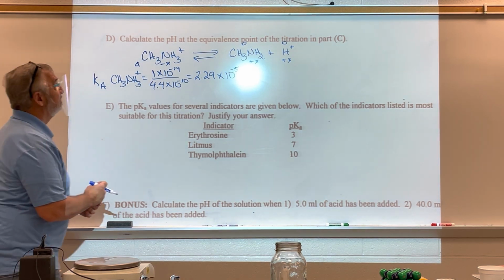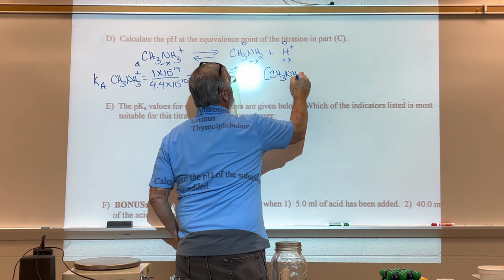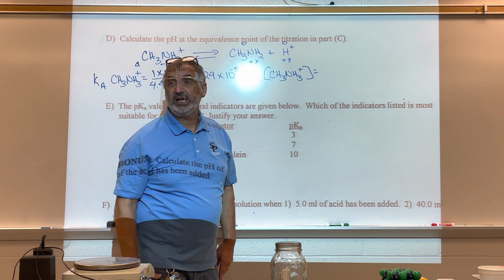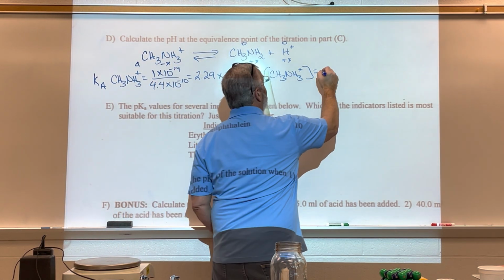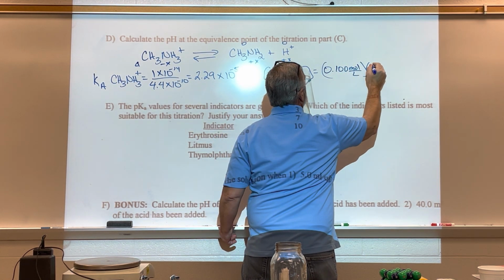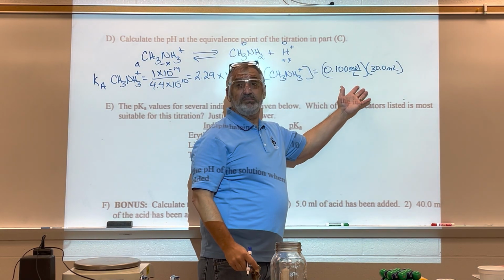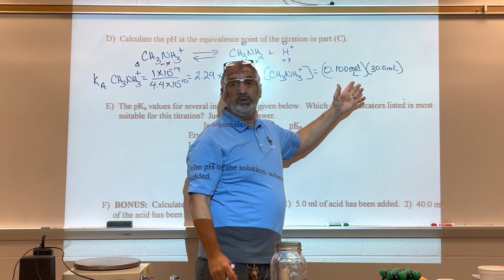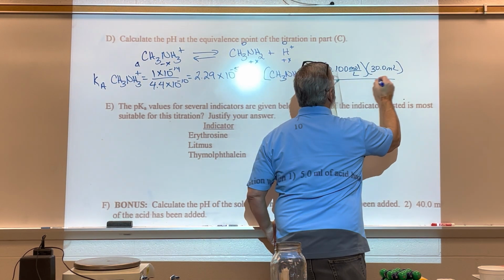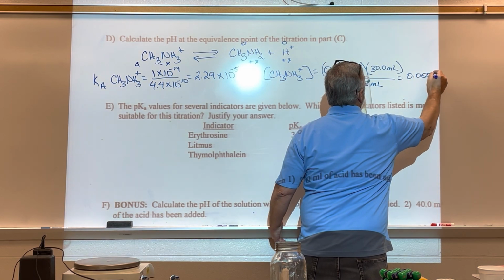So the concentration of the CH3NH3 plus is equal to the initial concentration of the methylamine, which is how much? 0.1. How many milliliters did we have? 30. And we can keep it at 30 milliliters because we're going to end up dividing by milliliters as well. Now, at the equivalence point, how many milliliters is there? 60. So this makes the math easy because it's just going to be half. So it's 0.050 molar.